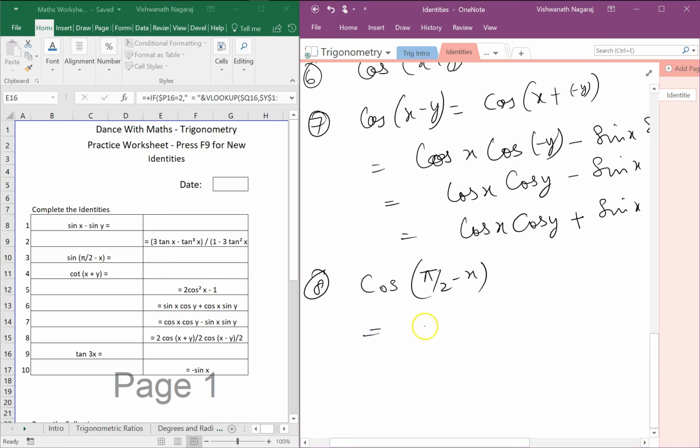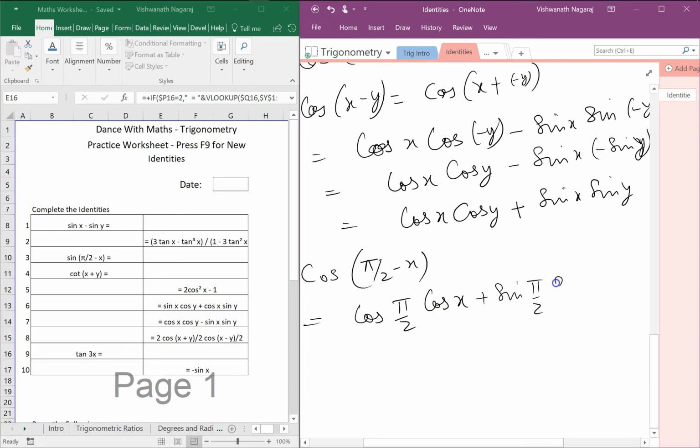So this is equal to cos pi by 2 cos x plus sin pi by 2 sin x. Now cos pi by 2 is what? Pi by 2 means 90 degrees. So cos 90 is 0.